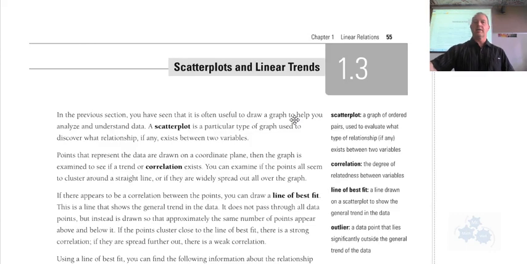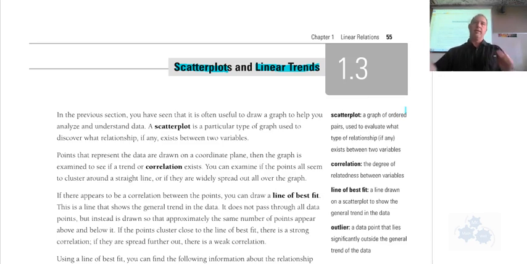And 1.3 talks about scatter plots and linear trends. Okay, so a scatter plot, if you were to plot points on the graph, that's really a scatter plot. We've been plotting points all chapters so far.